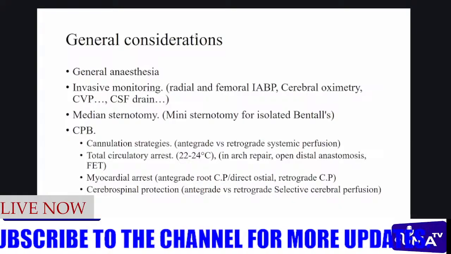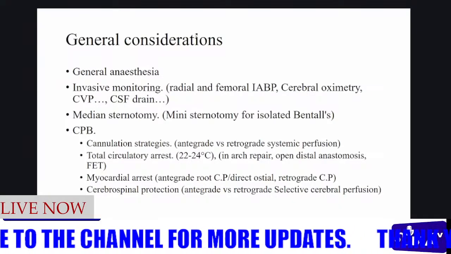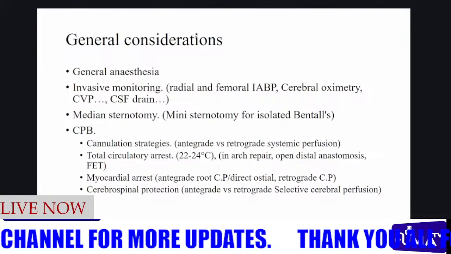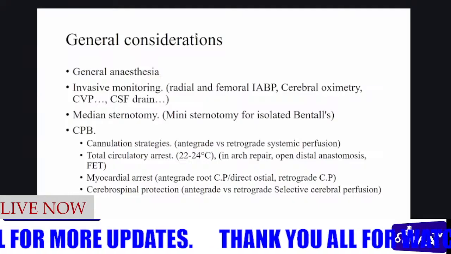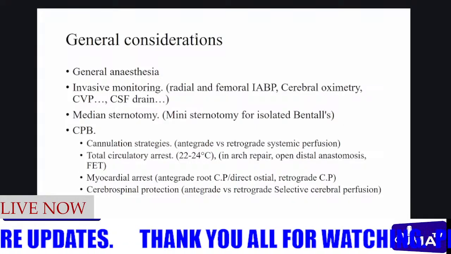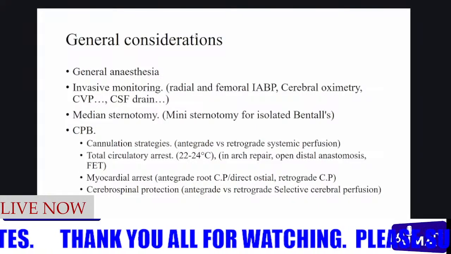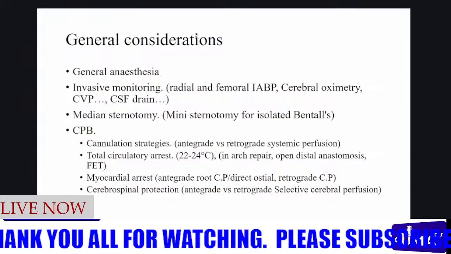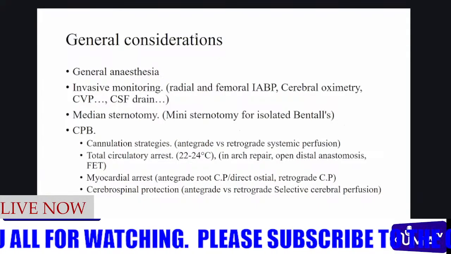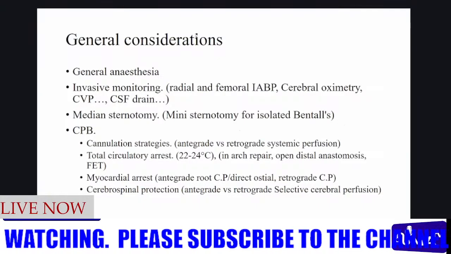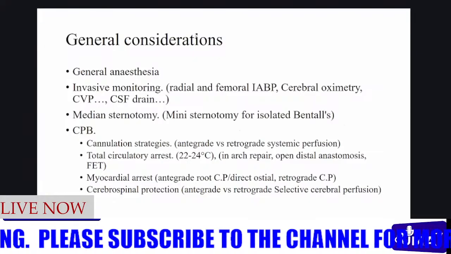And then you also have CSF drainage monitoring to monitor pressures within the cerebrospinal fluid space. Why all that? Because dissection affects all these organs.